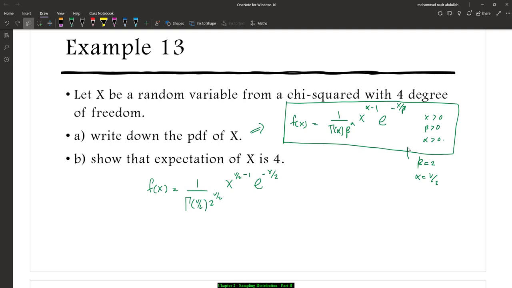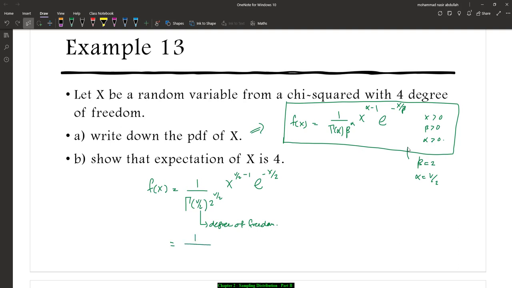Right, so if chi-square with 4 degrees of freedom, so v is our degree of freedom, kan? So v over 2 here is equal to 2, since 4 divided by 2 is equal to 2.